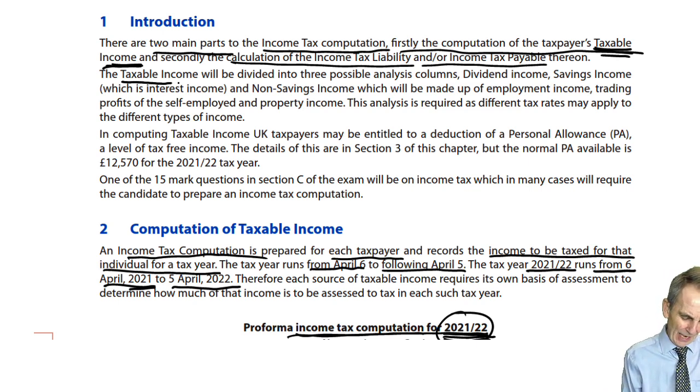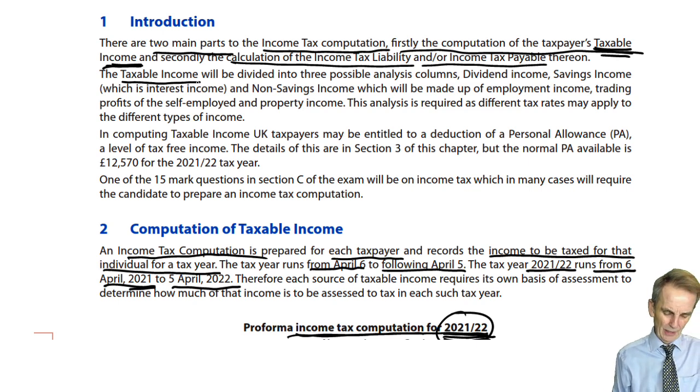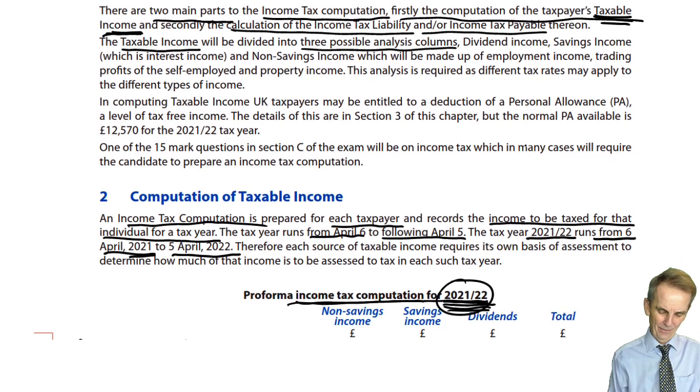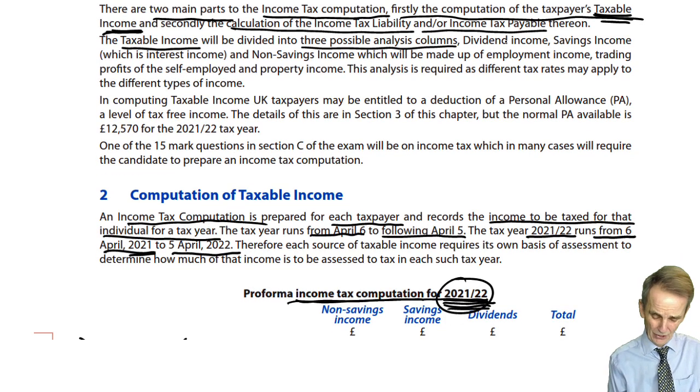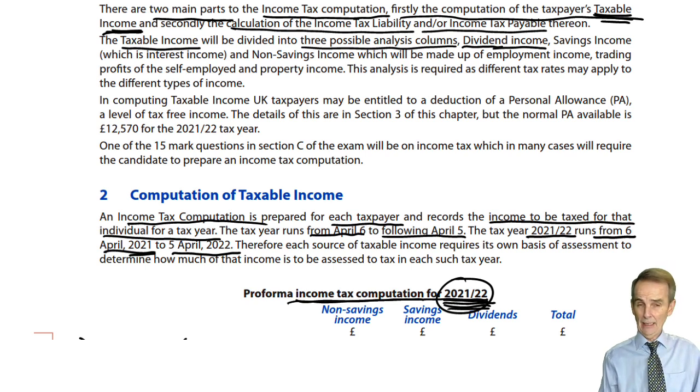Then the taxable income that we include here will be divided into three possible analysis columns. Now, one of them is very obvious. By its name, it's purely one source of income, dividend income. It is kept separate in its own column.